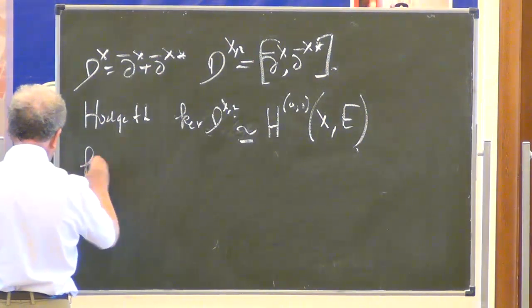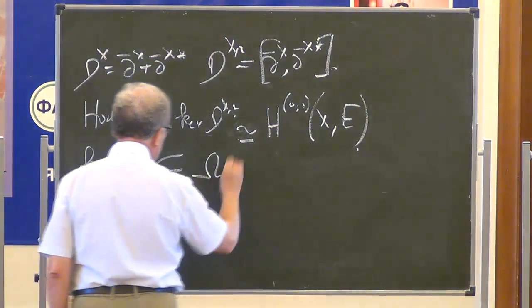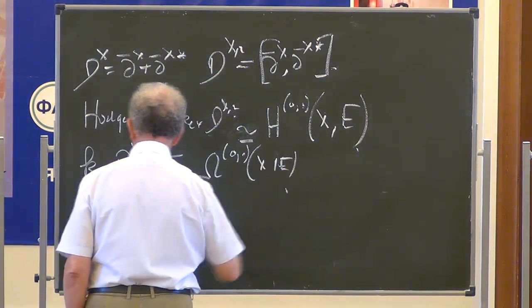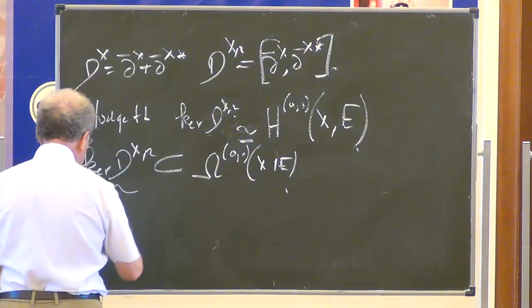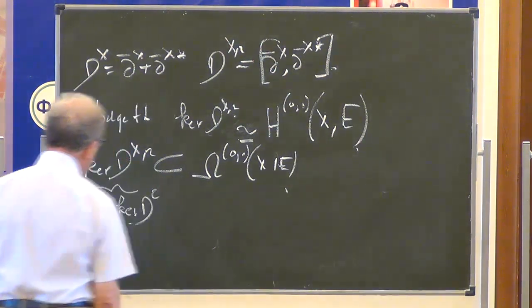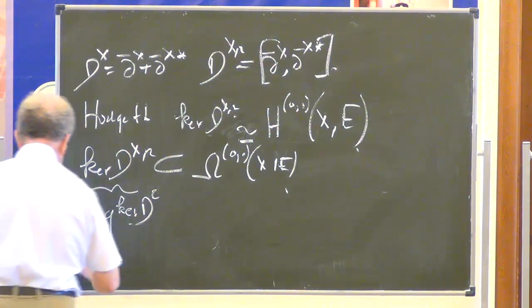So because the kernel of D^2 is embedded into the Dolbeault complex, so they are made of smooth forms, it inherits a certain Hermitian metric, which I call g^{Ker D^2}. So this is a finite dimensional Hermitian vector space.